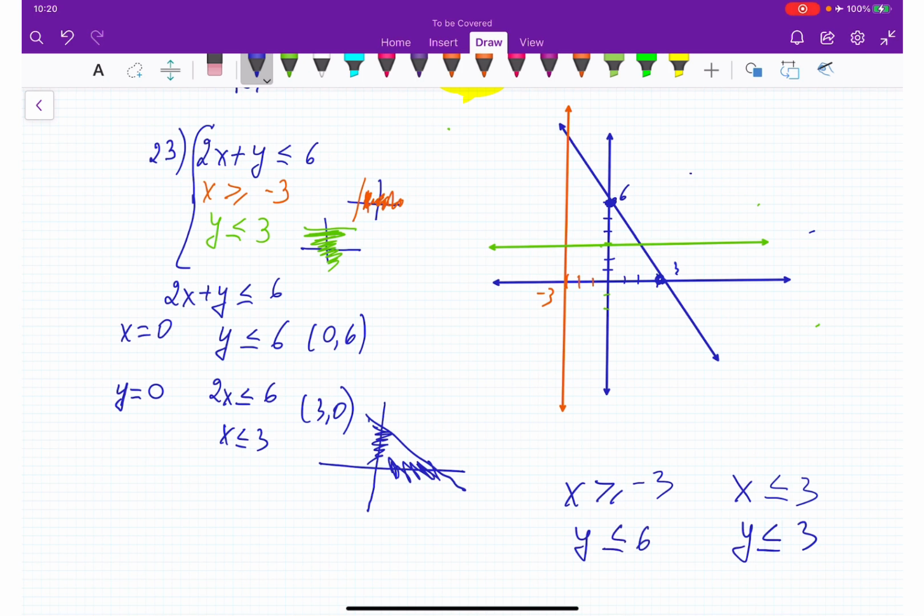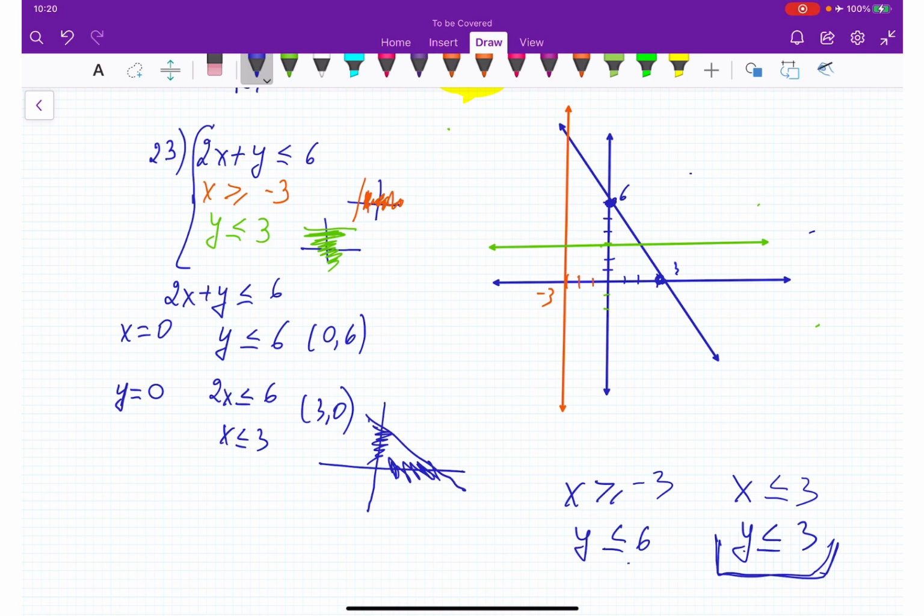So the final choice will be both of them on one side, so it will take this one, y less than 3, because y less than 3 will also satisfy y less than 6.